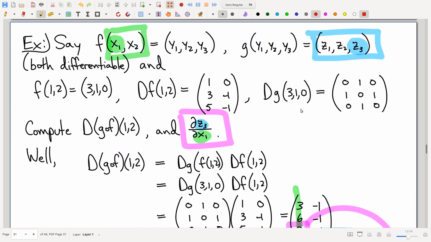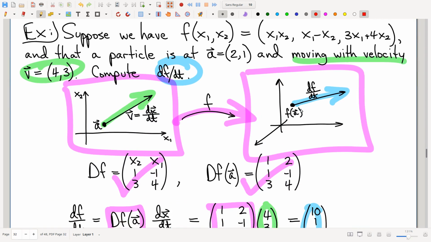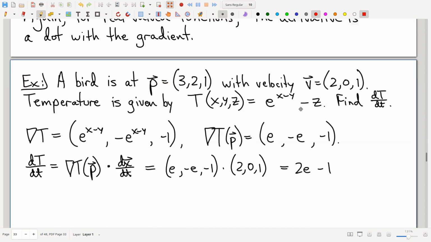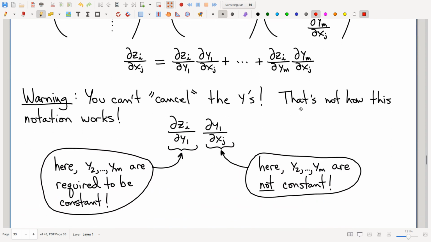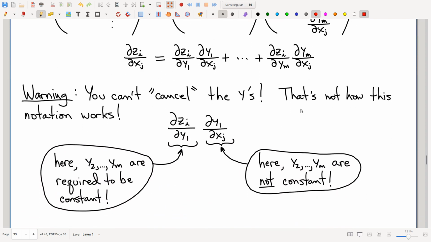So can we do that same kind of thing here? And the answer is a very emphatic no. Absolutely not. Yeah, I know, I'm with you. Because here's the temptation.